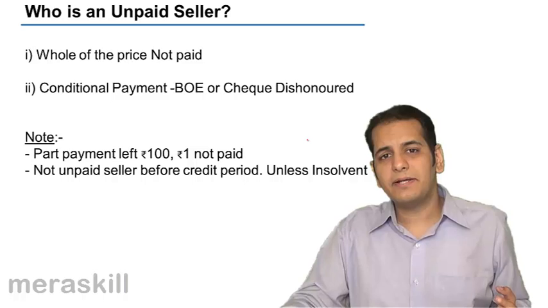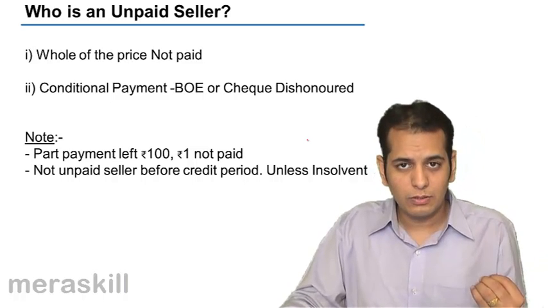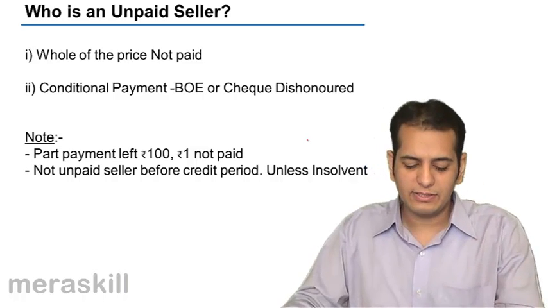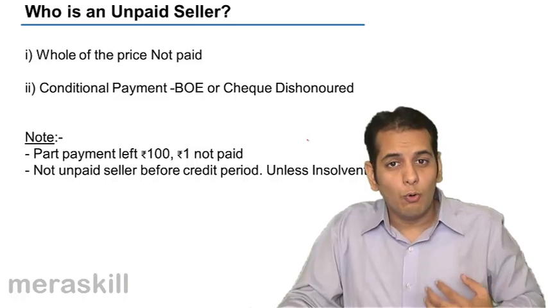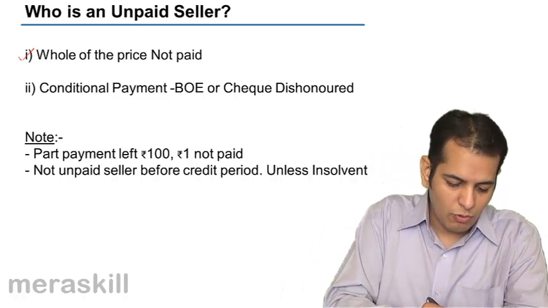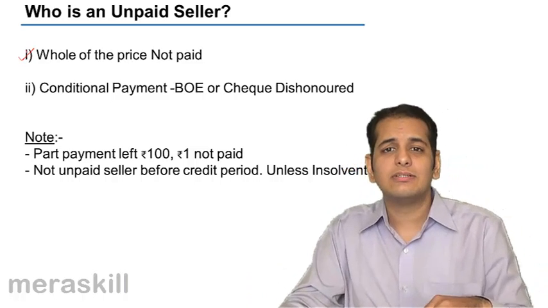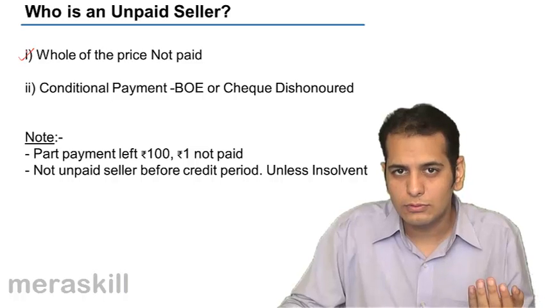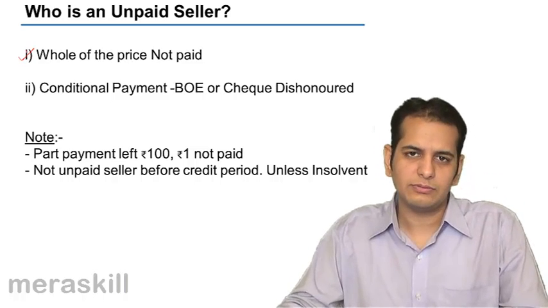So who's an unpaid seller? Unpaid seller is a person to whom whole of the price is not paid. He's a seller to whom whole of the price is not paid. Or if the transaction has been done through negotiable instruments.